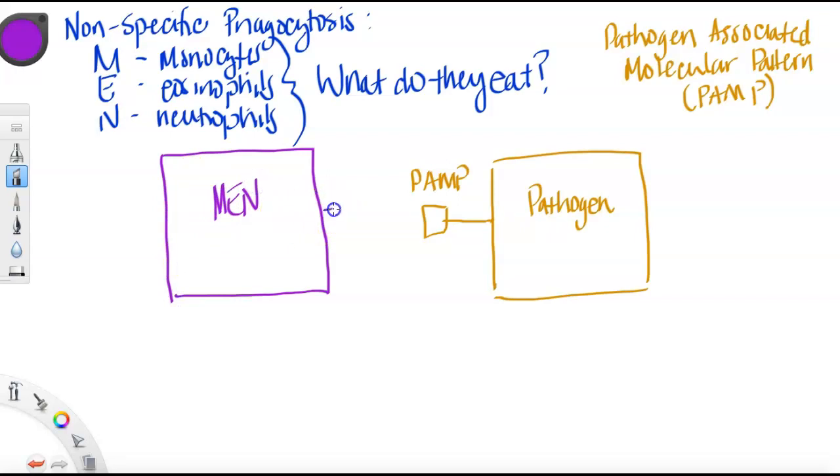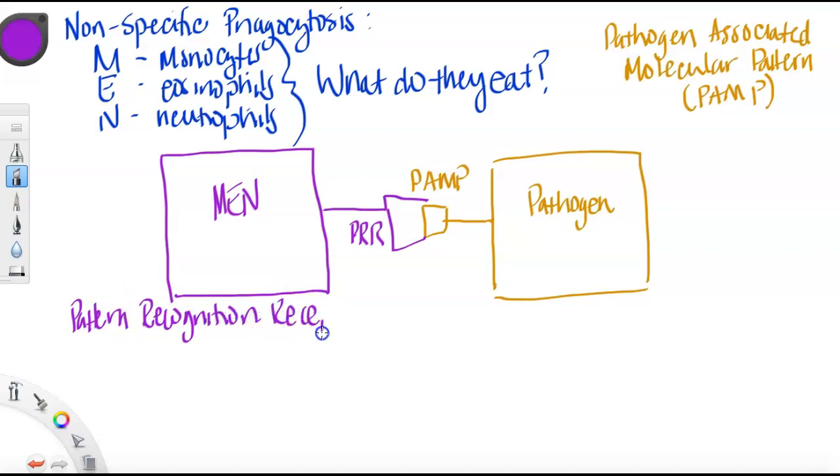So they also have a certain sort of receptor thing that can clamp onto that, and it's called the PRR. So that is the pattern recognition receptor. So when they see that, then they clamp onto it, and then they endocytose the thing and eat it up.